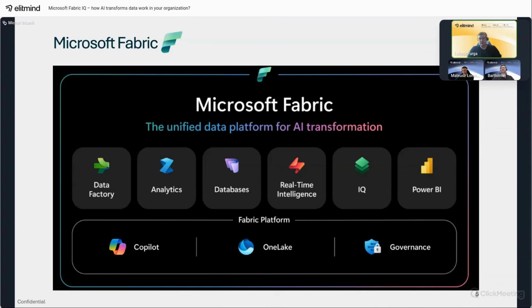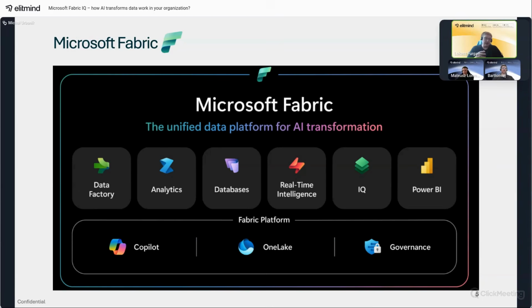AI capabilities are built into the platform to assist with data preparation, analysis, and development tasks, reducing the need for manual service integration and enabling efficient analysis of large scale data.